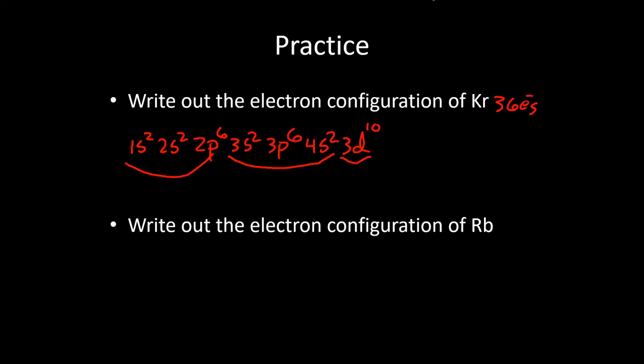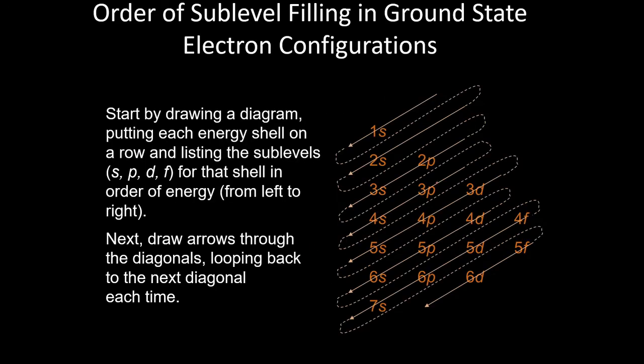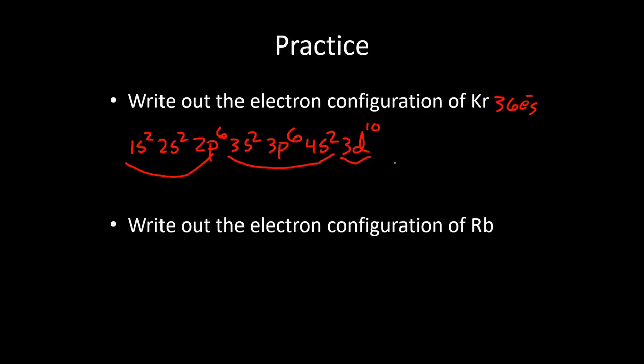If I check that handy-dandy guide, after 3d there is 4p. 4p has 3 orbitals, 2 electrons each, so it can hold 6 electrons, and I have 6 electrons to give. And so that is the completed electron configuration. By the way, that's supposed to be a lowercase p. It looks like an uppercase p, but all the letters are supposed to be lowercase.